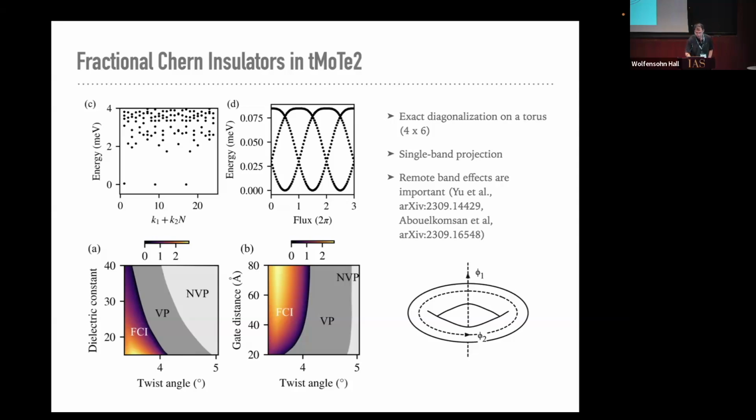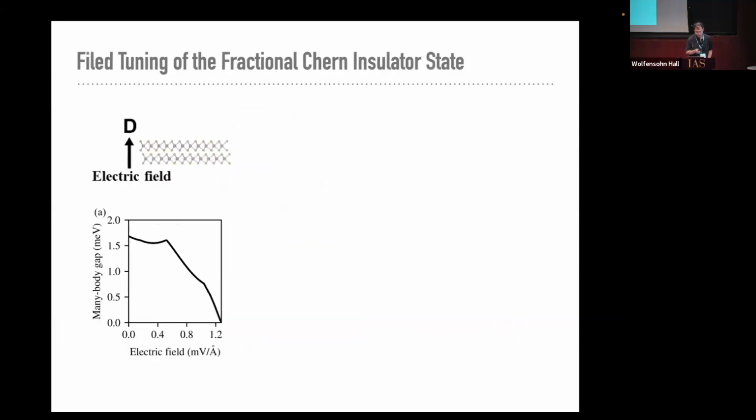Okay, so we can also do more testing and compare with the experiments. Because we are talking about homobilayers, you naturally have 2 layers. If you apply an electric field, it will not just push charges into the system, it will give you a potential difference between the top and the bottom layer. If you think in terms of the Haldane model, that basically gives you an A and B sublattice potential difference.